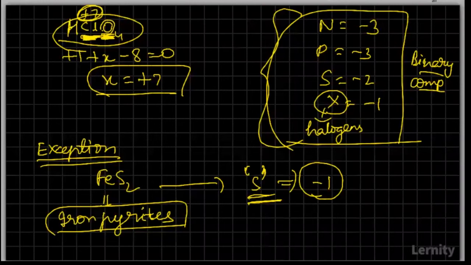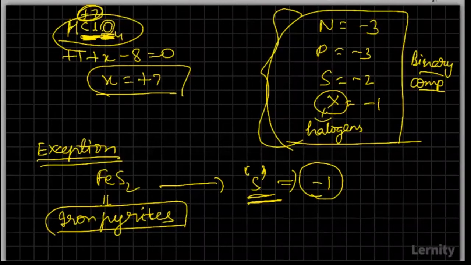In general, the first element in a particular compound is normally a metal. Metals usually have a positive oxidation state, and the anionic part carries a negative charge.